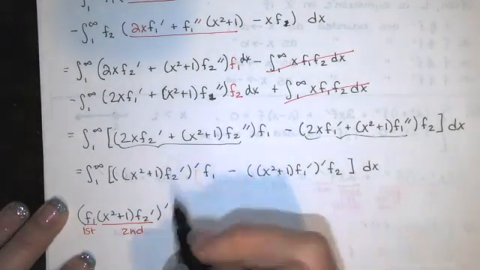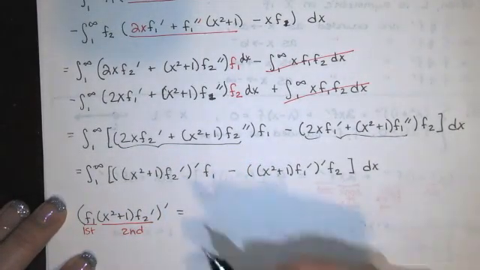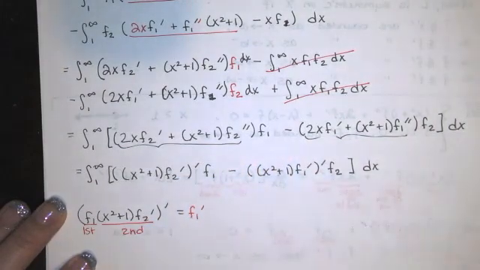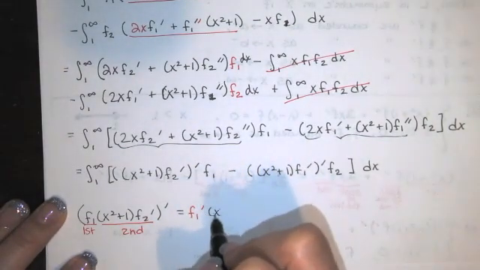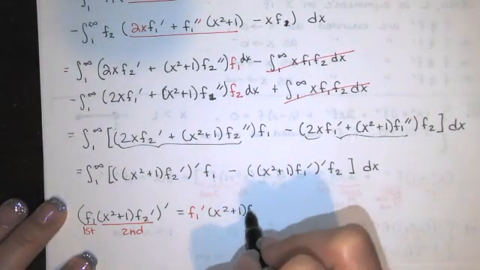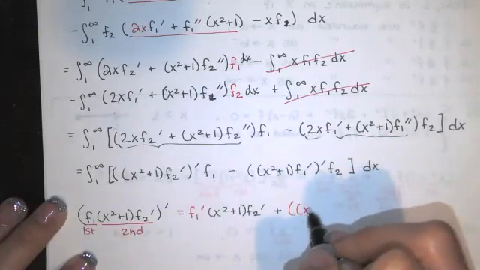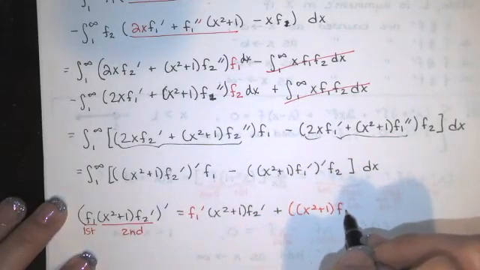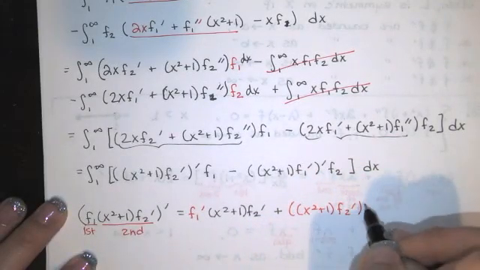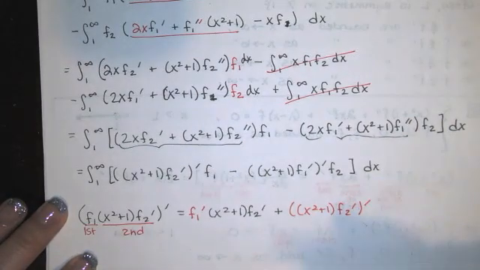Now, I'm going to think of this as my first function, and this is my second function. So when I take the derivative using the product rule, I get derivative of the first times the second plus derivative of the second times the first.